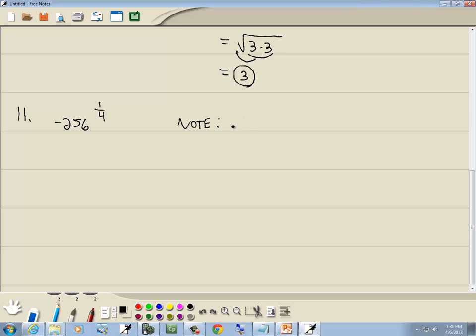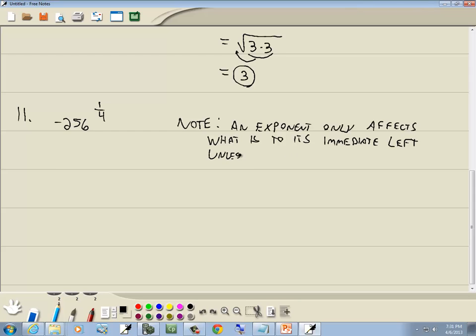It says an exponent only affects what is to its immediate left, unless there's parentheses, then it affects everything inside the parentheses.